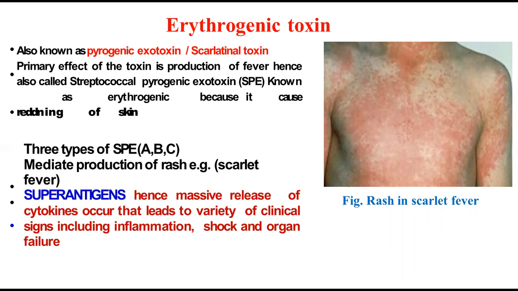There are three types of this erythrogenic toxin: A, B, C. So A and B are very dangerous, because these act as super antigens.